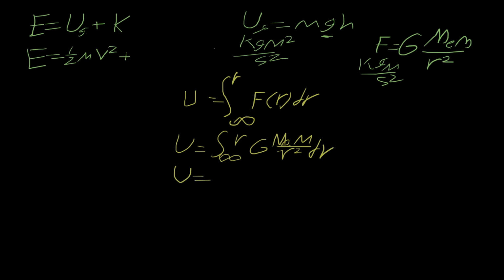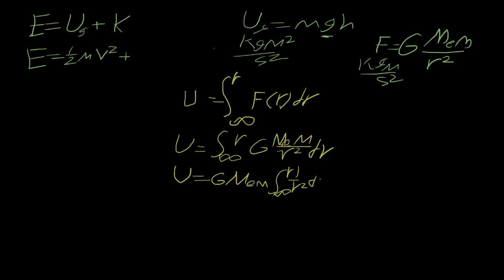So potential energy equals G big M little m times the integral of 1/r squared, which is pretty simple. Let's just move this down below actually.